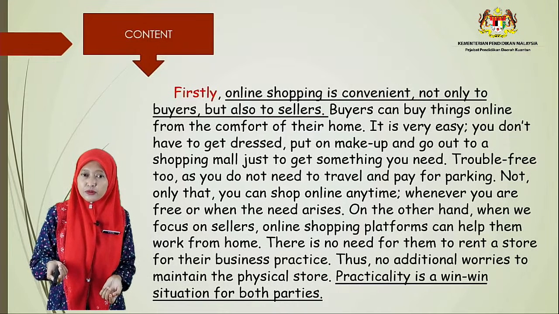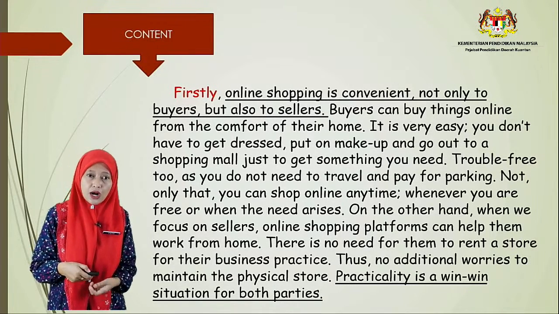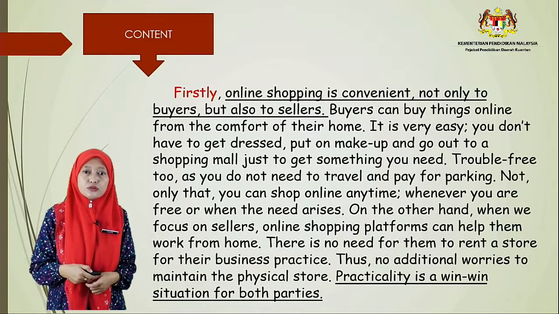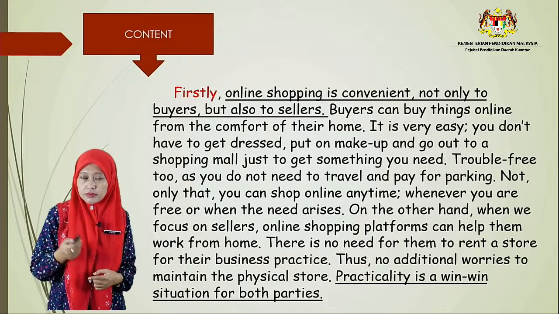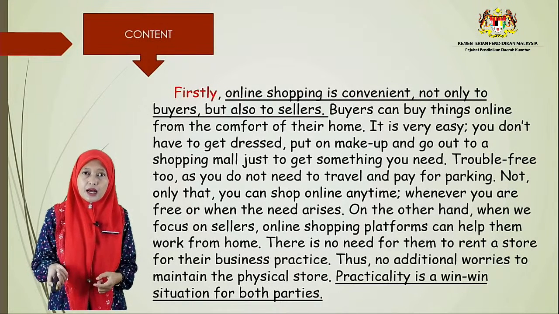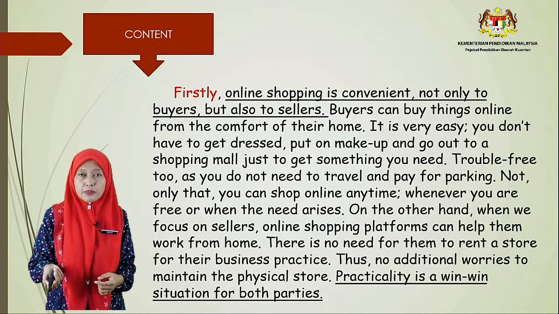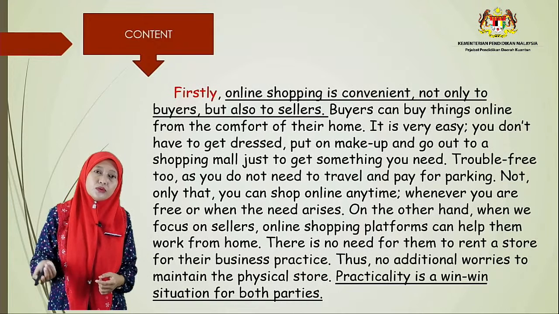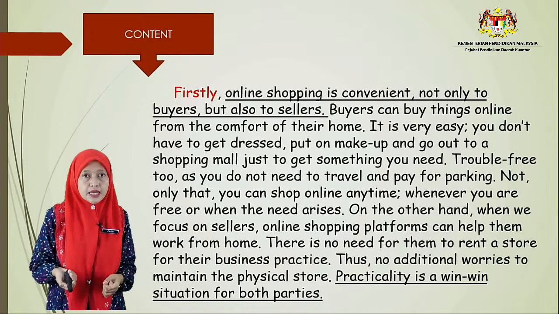You don't have to get dressed, put on makeup, and go out to a shopping mall just to get something you need. So that semicolon in the sentence is a signal that the part after the semicolon would be examples related to the concept of easy.